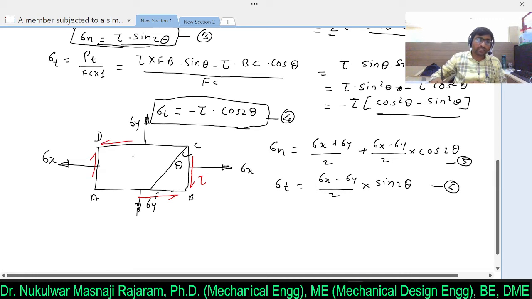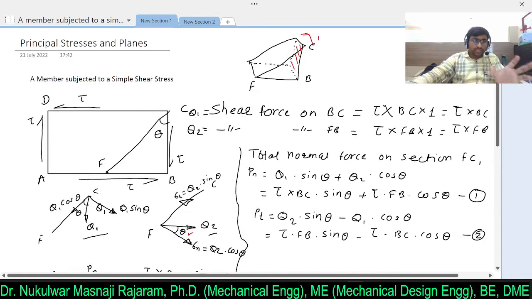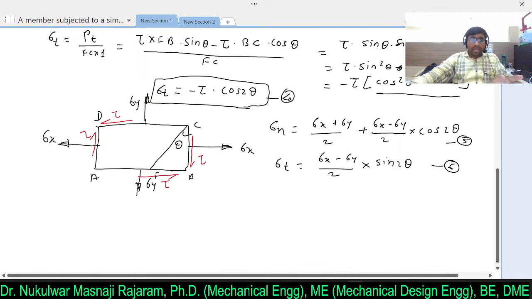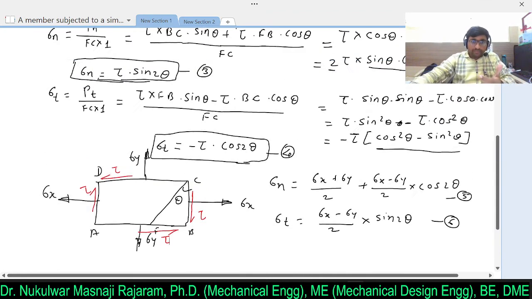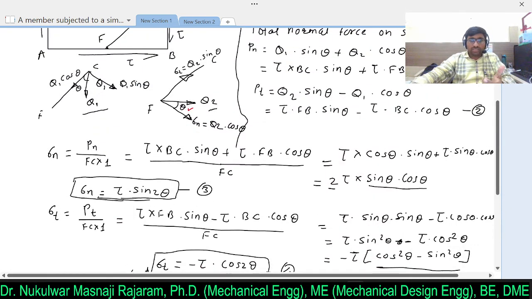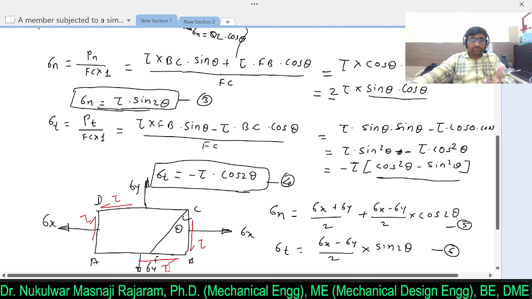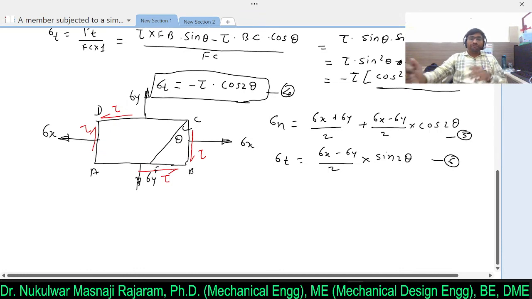What I am doing is just combining the two cases. Clear? One case was the member subjected to simple shear stress, and the previous one was two mutually perpendicular stresses. Now if you combine the results of these two, then we get the final equation.